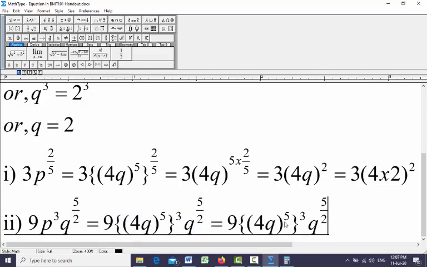Right, so here you can see there is a power 5 over 4q. So this power 5 is not only on q but also on 4. So we will distribute this power 5 to all the elements inside the bracket.